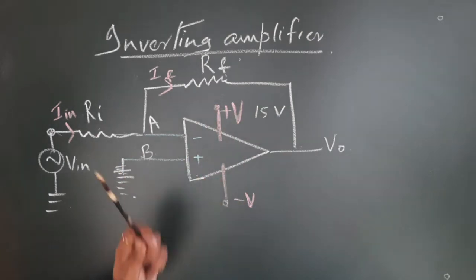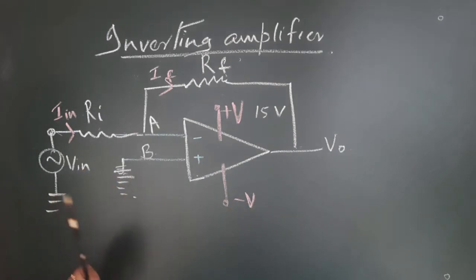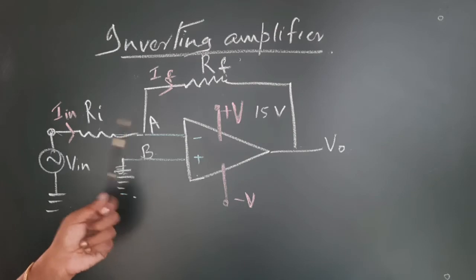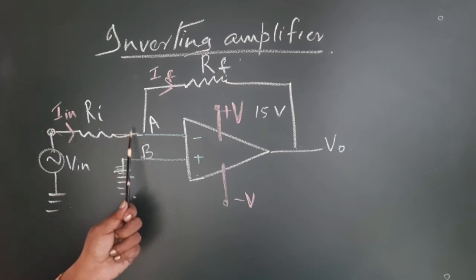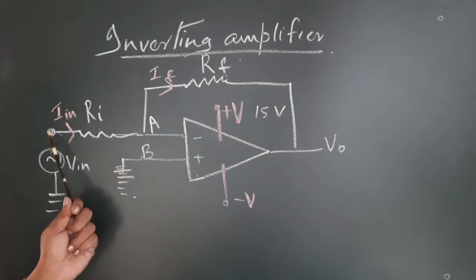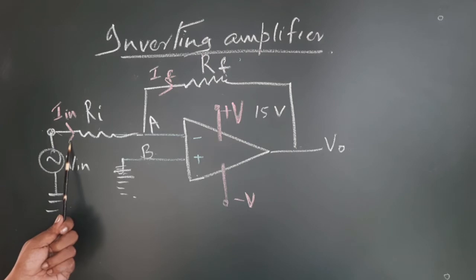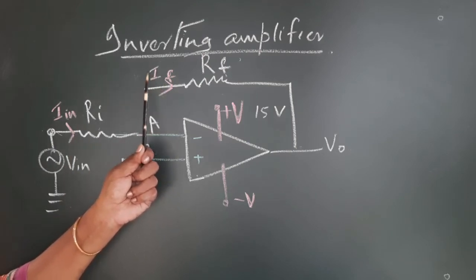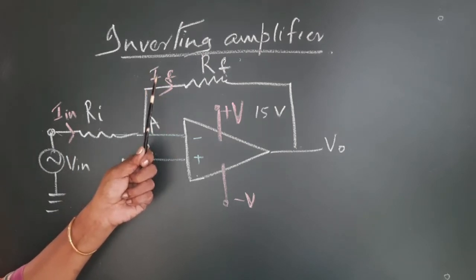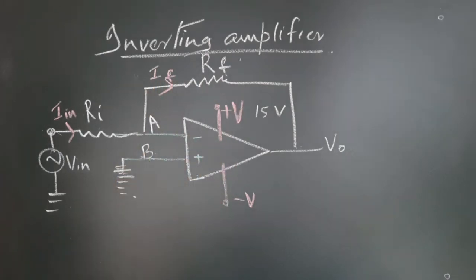This is plus VCC 15 volt, minus VEE 15 volt. This is the input resistance Ri, this is the feedback resistor RF. The current through the input resistor I would like to call I in, and this is the feedback current, I will call it IF because it is flowing through the feedback resistor.